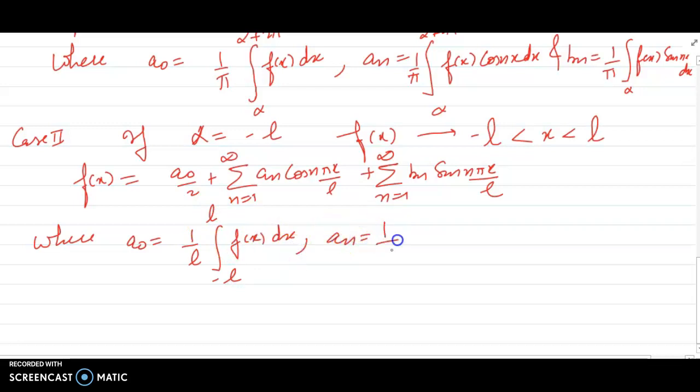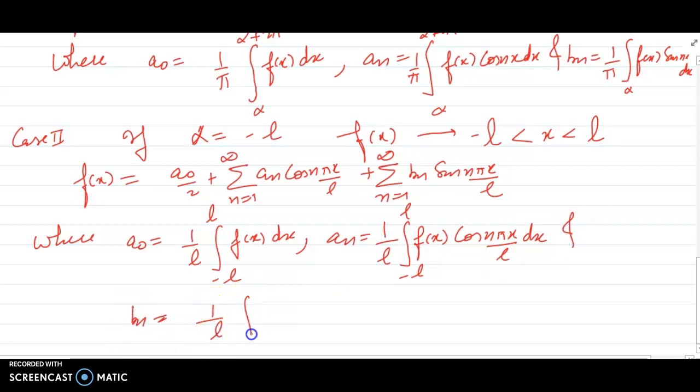An is 1 by l from minus l to l f of x cos of n pi x by l dx. And bn is 1 by l from minus l to l f of x sine of n pi x by l dx.